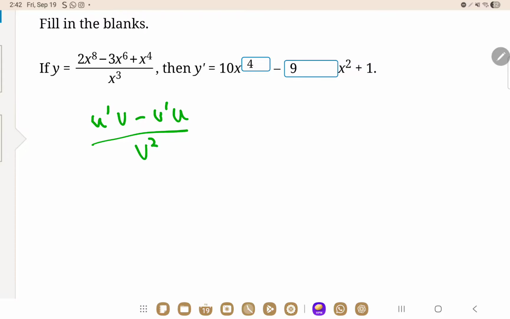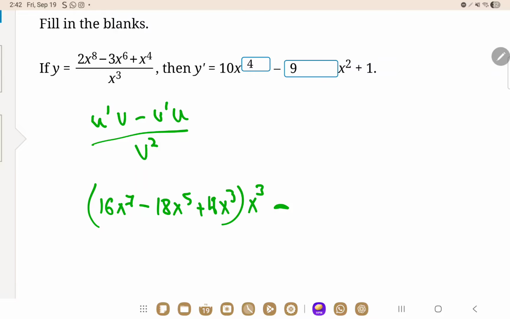So now u prime is 16x^7 minus 18x^5 plus 4x^3 into v, which is x^3, minus, by the way, never mind, you can't.